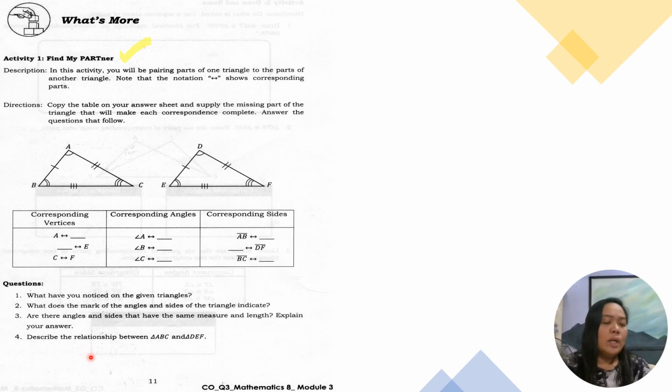Number 2, what does the mark of the angles and the sides of the triangle indicate? Number 3, are there angles and sides that have the same measure and length? Explain your answer. And number 4, describe the relationship between triangle ABC and triangle DEF. I'll give you time to answer. You may begin.